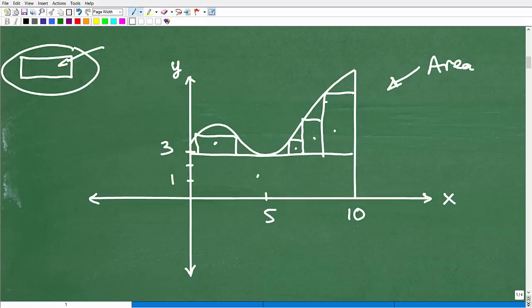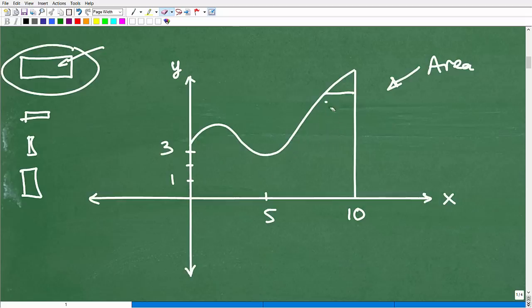We do know how to find the area of these guys, so I can use little tiny rectangles, or I can use bigger ones, and estimate that shape roughly, and then add up the area of all those little rectangles. But we're going to use the rectangles more in this manner, okay? So we're going to do it like this, all right?